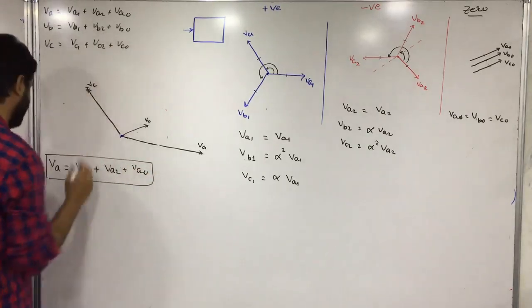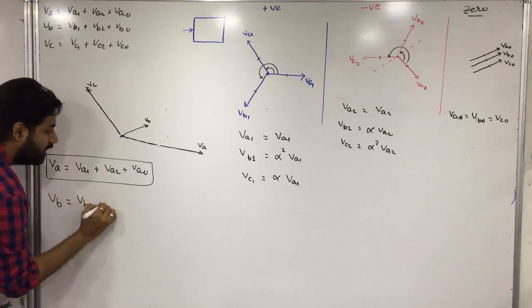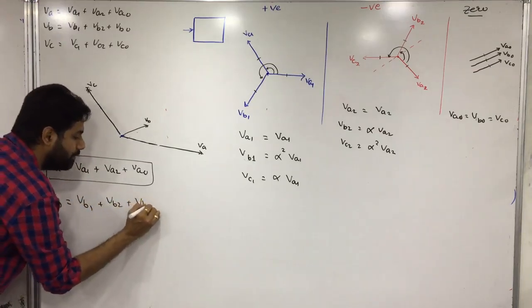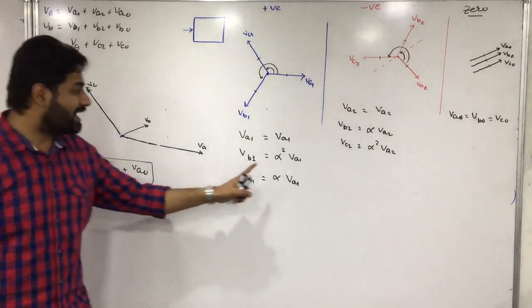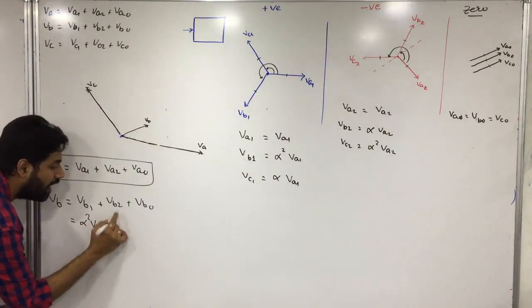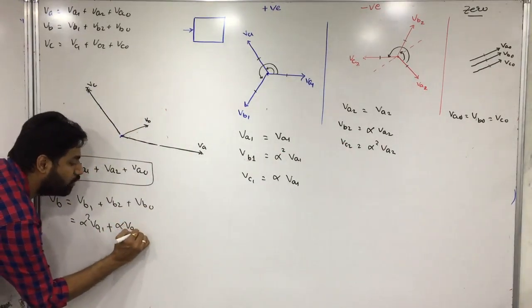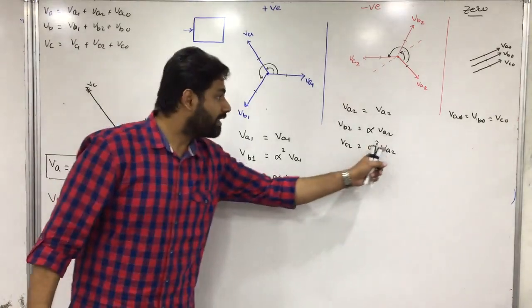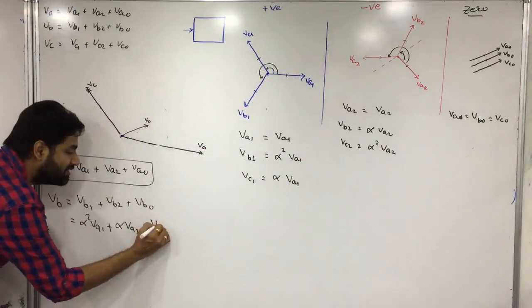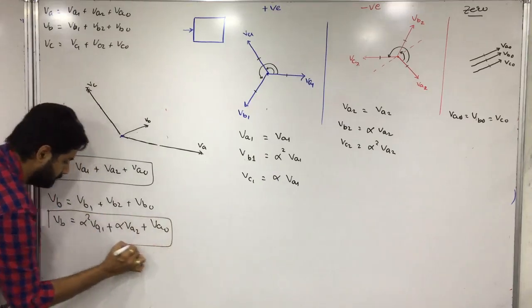Now the second equation. VB is equal to VB1 plus VB2 plus VB0. VB1 is alpha square VA1, VB2 is alpha into VA2, and VB0 is VA0. So I have got VB, another equation.